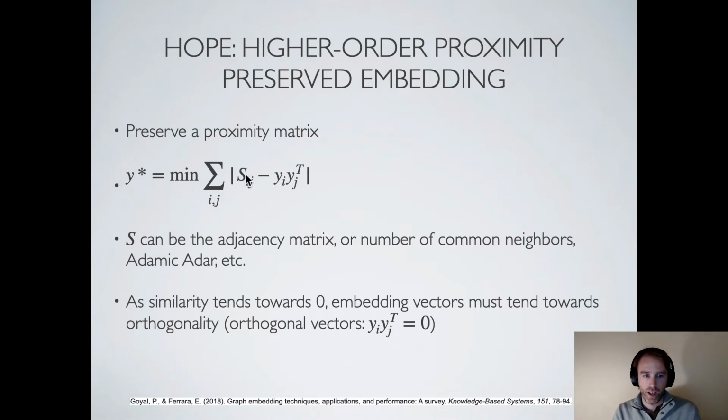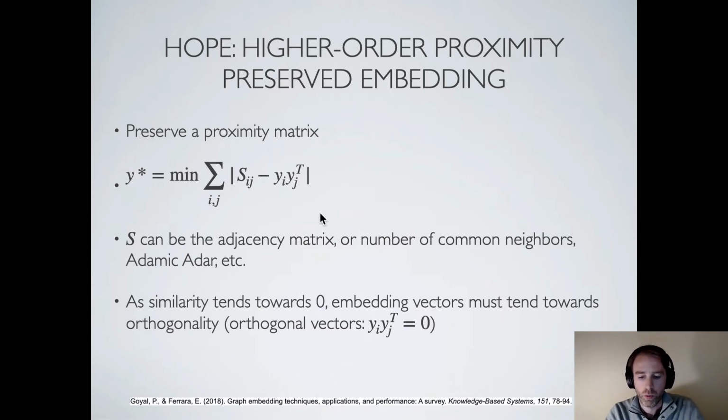Because we see that here, if the value of similarity is, I don't know, whatever, 10, then we would like the value of this part to also be 10, because we would like to have the same value for the similarity and for this product of the vectors. Since if we have the same or a similar value, this part will be close to 0, and then doing the sum of this will allow us to minimize the global value.